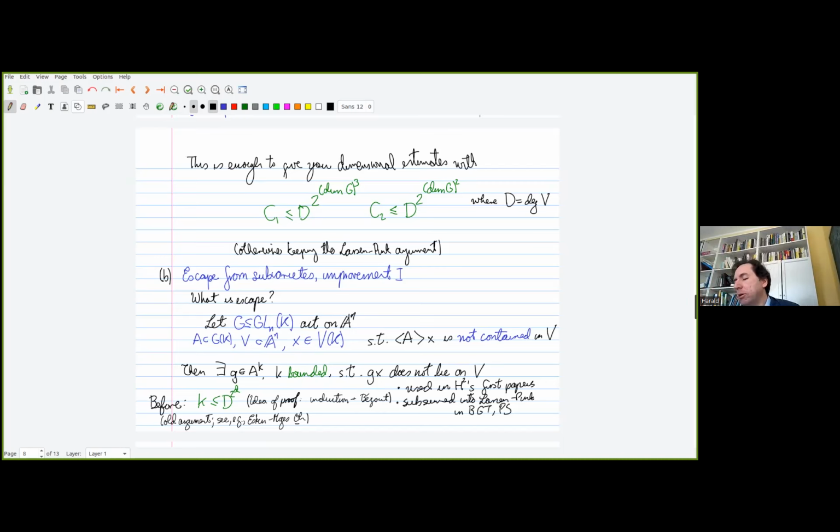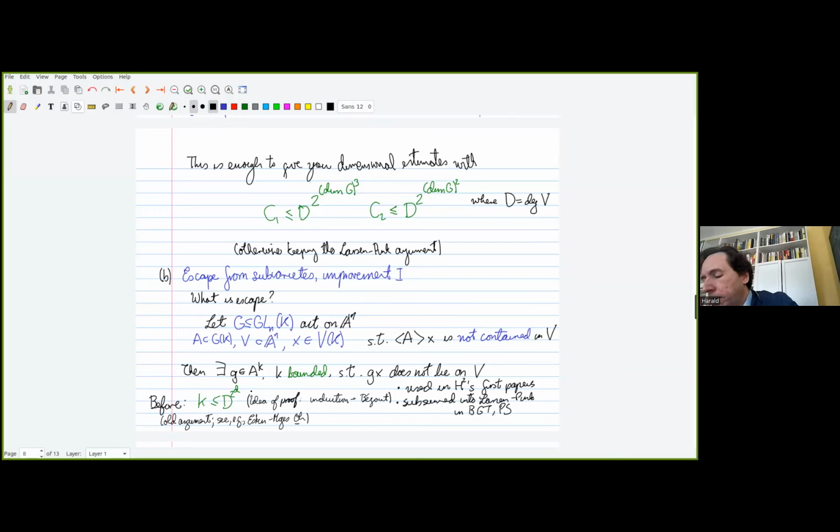Well, how short? Before, and this is not new to me, this is an old argument. You can find it in Eskin-Mozes-Oh, for instance, which is roughly contemporary with my first paper, but the argument may be even older.